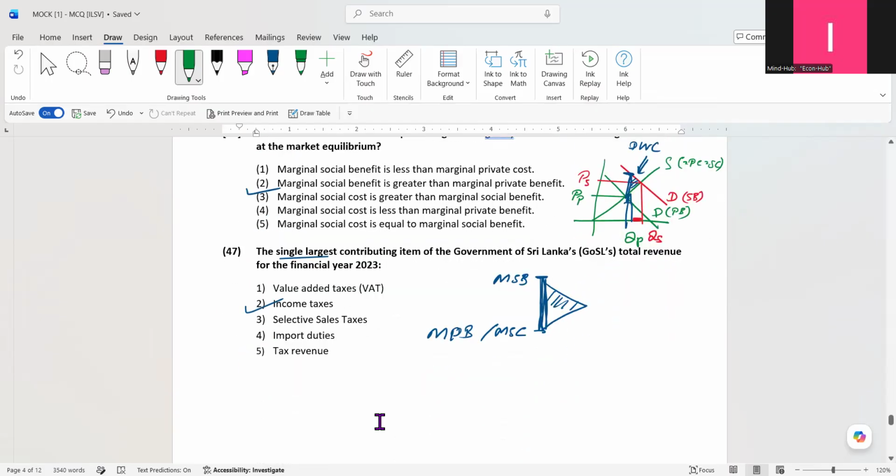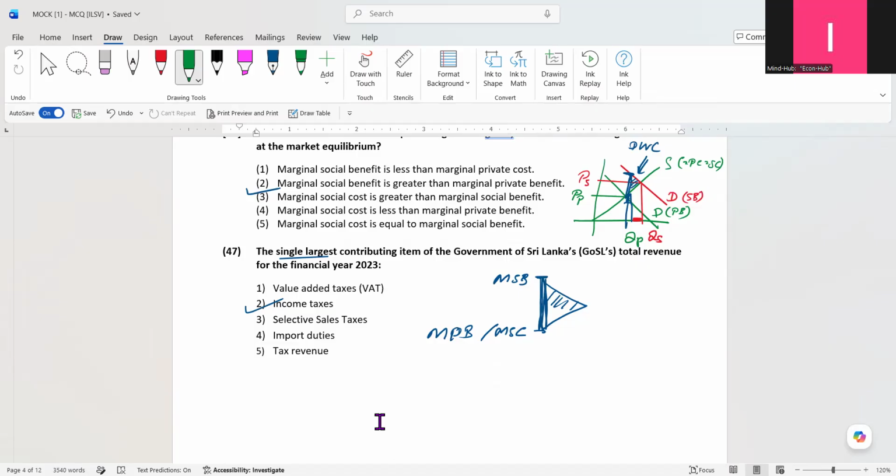47. The single largest contributing item of the government of Sri Lanka's total revenue for the financial year 2023. For this question, the correct answer is VAT, value added tax.